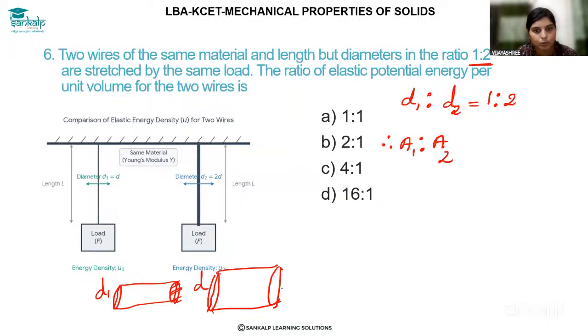What is the area of cross section then? We already know A is directly proportional to D square.